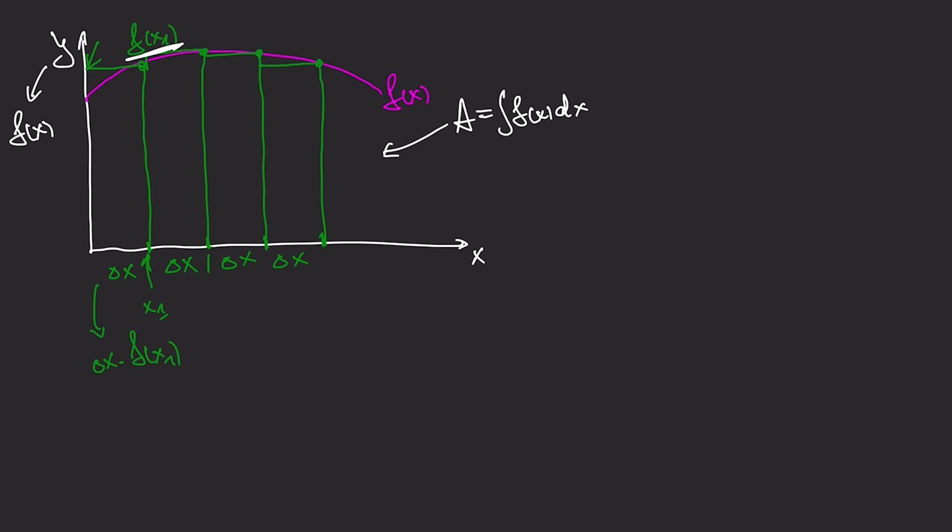And the next one would be with x2, and so on and so forth, which would indicate that the area of the whole thing, or the integral, would be the sum of the areas of every rectangle. And that's basically integration.